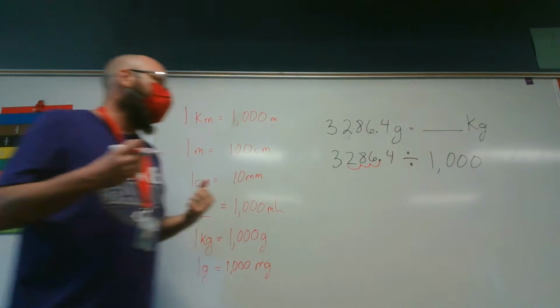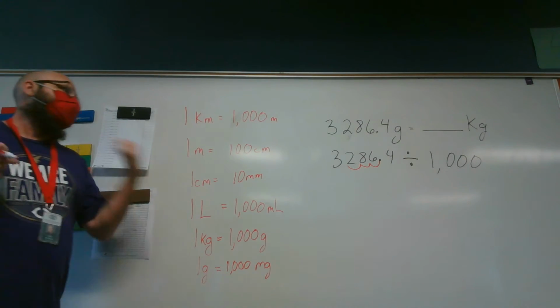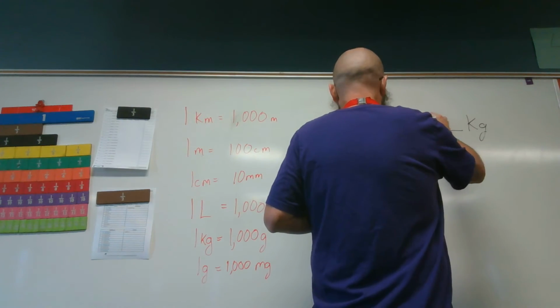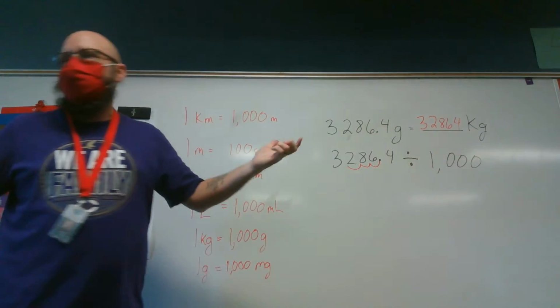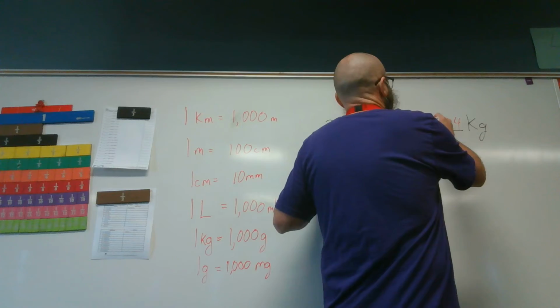So I went from a whole number of 3,286 to 3. So that did make it smaller. So now my decimal point, I have the numbers stay the same. Do I have to add any zeros to it? No. And my decimal point's going to move right here.